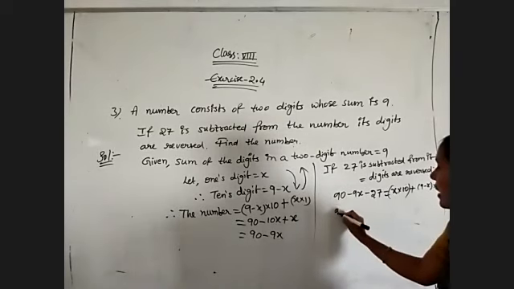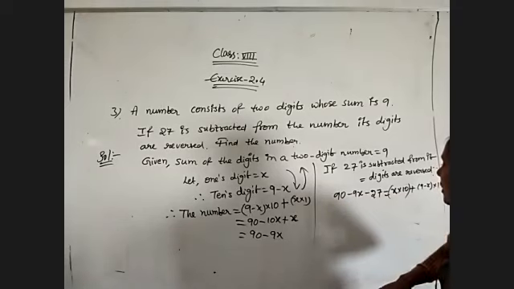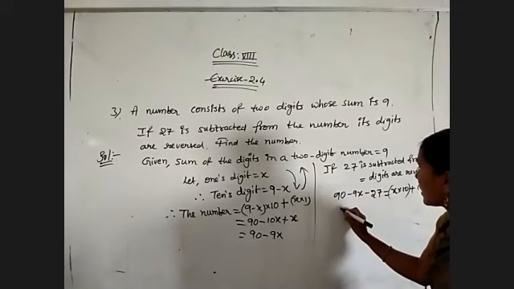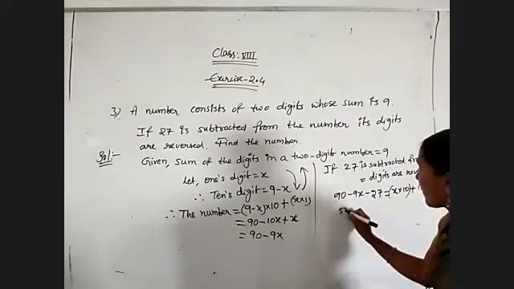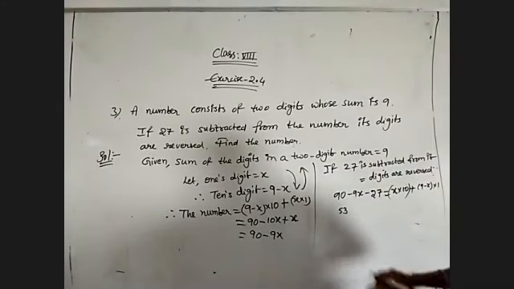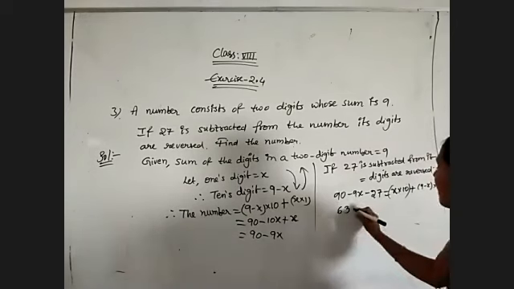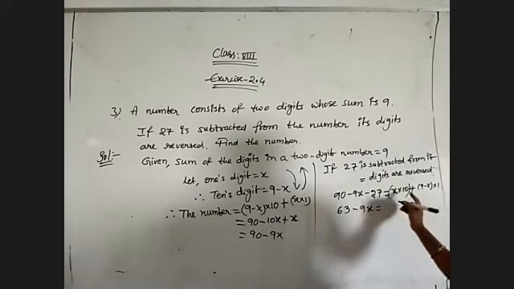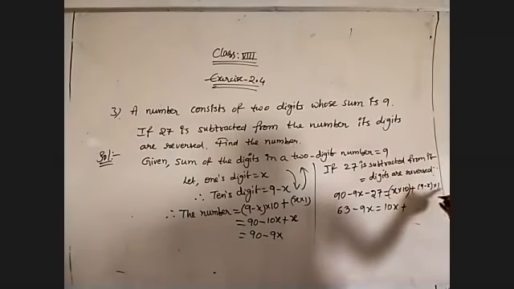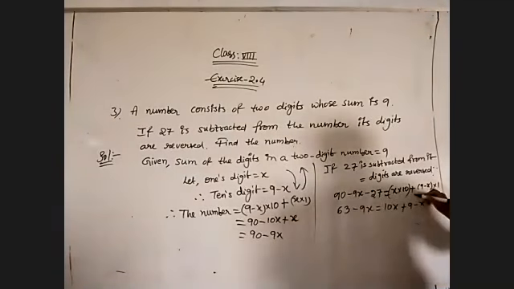So 90 minus 27 is 63, sorry. 63 minus 9x is equal to 10x plus 9 minus x. So this step is very, very important.